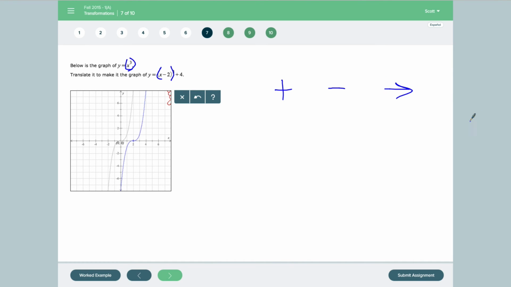Minus is on that side, so we're going right. And then plus 4, meaning the y-intercept is getting bigger by 4, so I'm going to move it up 4. And that's where that one will go. All this extra fancy stuff, yeah, you can do the t-chart and everything. But if you've got a graph that you can move around like this, then just move the graph.